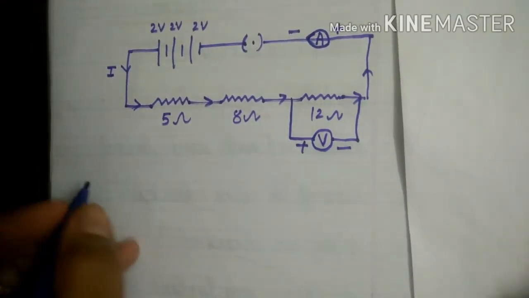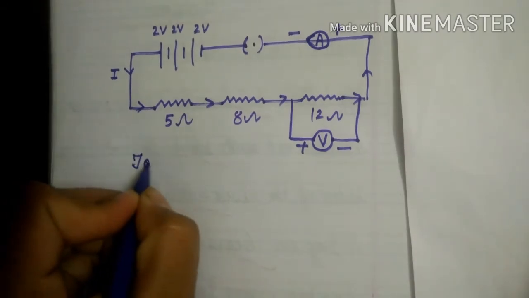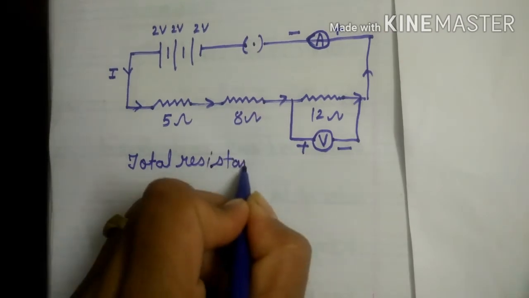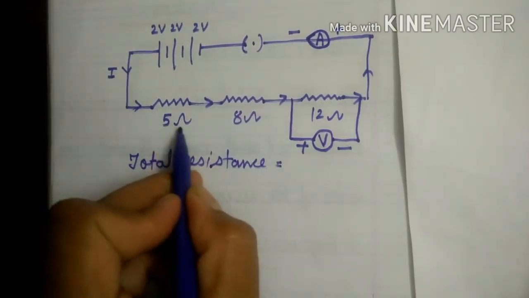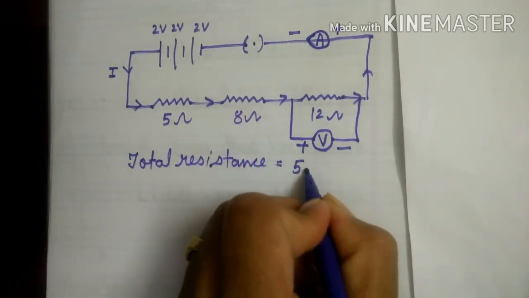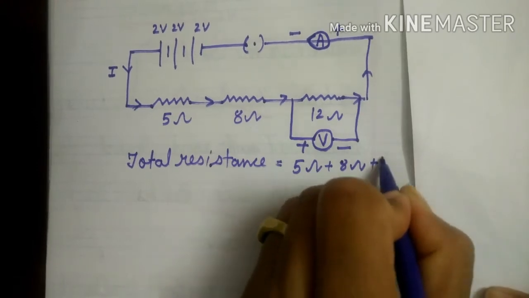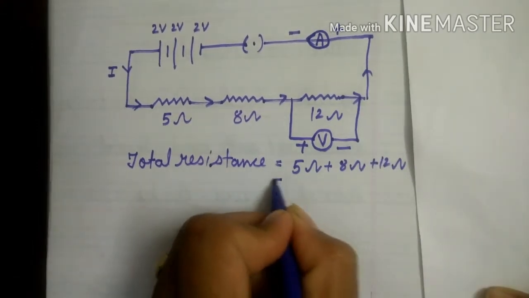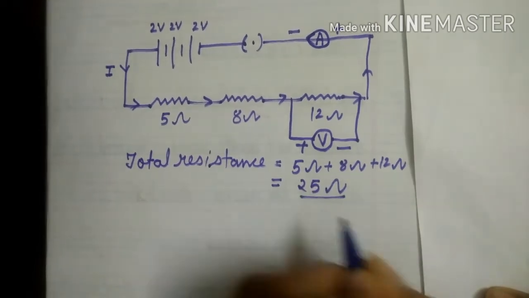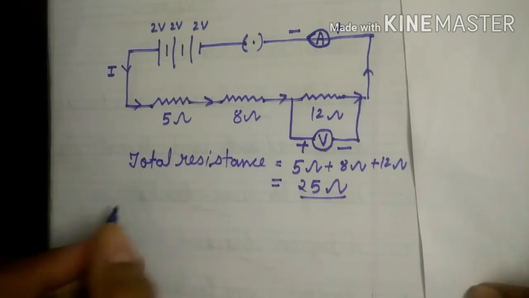Now, firstly, what will be the total resistance? So write here total resistance: 5 ohm, 8 ohm and 12 ohm. So 5 ohm plus 8 ohm plus 12 ohm, that is 25 ohm. This is the total resistance. Now they are asking about the current in the circuit.